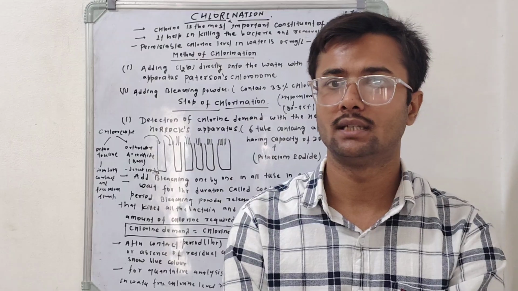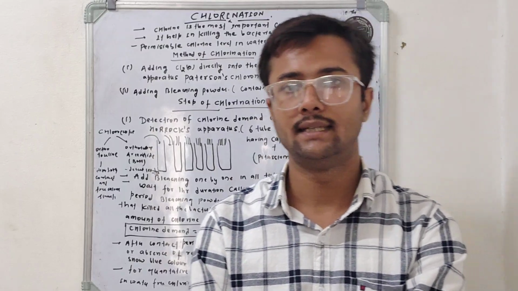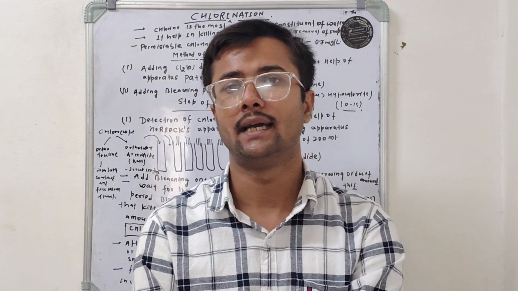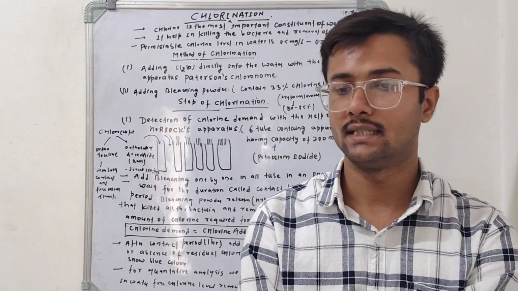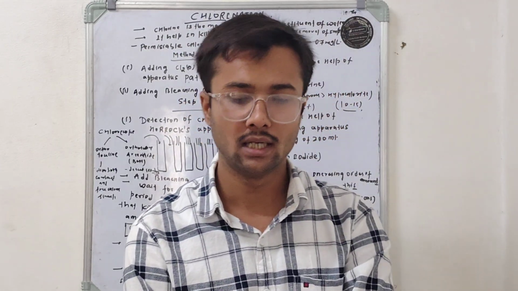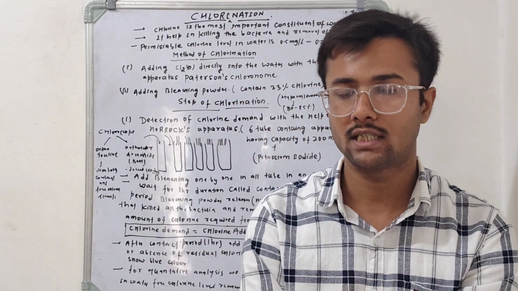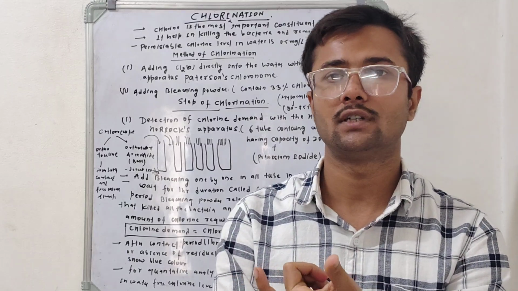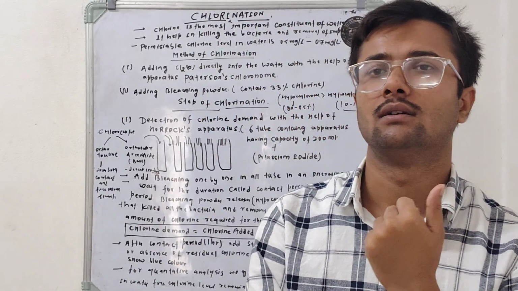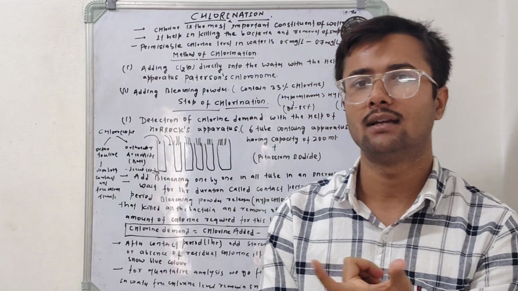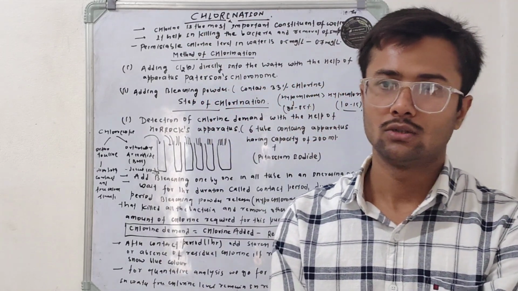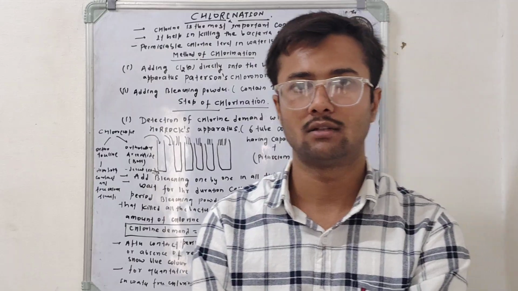The first step is to calculate the chlorine demand, and for this we use an apparatus called the Horrocks apparatus. What is the Horrocks apparatus and how does it help in calculating the chlorine demand? The Horrocks apparatus contains 6 tubes with a capacity of 200 ml each, along with starch iodide, spoons and some other materials, but mainly the 6 tubes and the starch iodide.